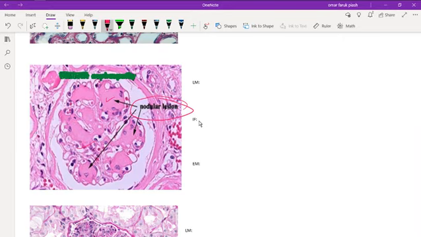On light microscopy there is mesangial expansion, and immunofluorescence is negative.